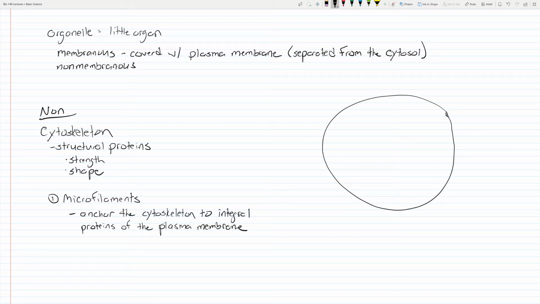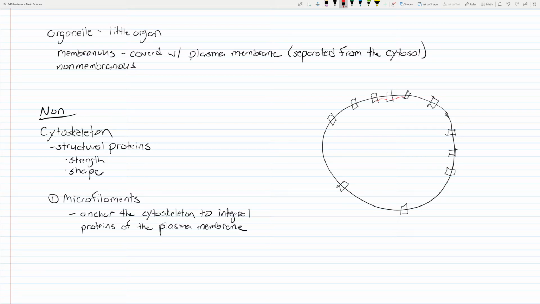Remember, inside of this cell, you have these proteins that span the membrane. Some of them are transport proteins, some of them are receptors. On these, you have these smaller microfilaments, and I'm going to draw them in red.